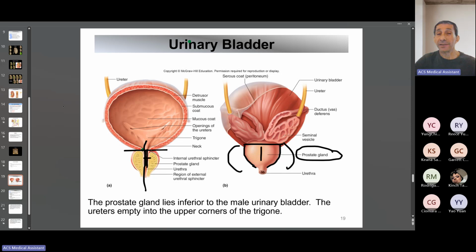But in most of the cases, let's say 85% of the cases, males after 50 develop this enlargement of the prostate. That's what is written here. The prostate gland lies inferior or below the male's urinary bladder. Now, remember, it's the male's urinary bladder. Females do not have a prostate.